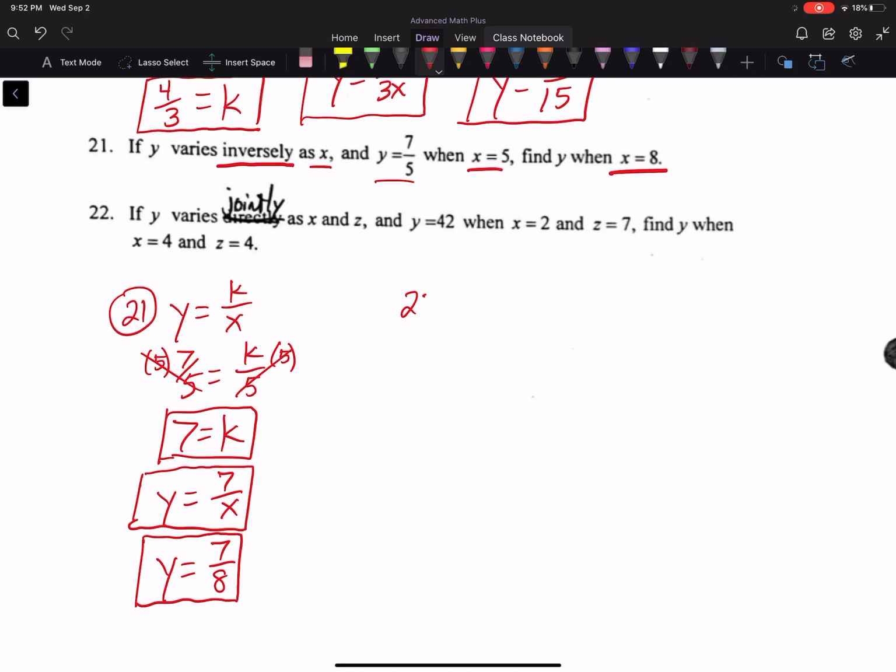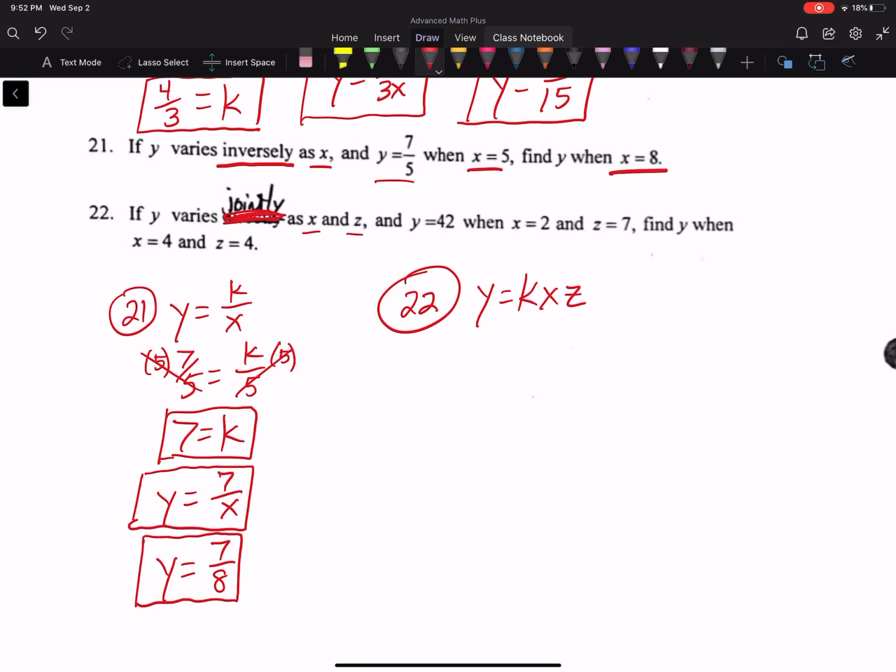In our last problem, 22, it is jointly. Jointly means you're still multiplying, you're just multiplying by more than one thing. So y equals k. This time we're jointly as x and z, so x times z.